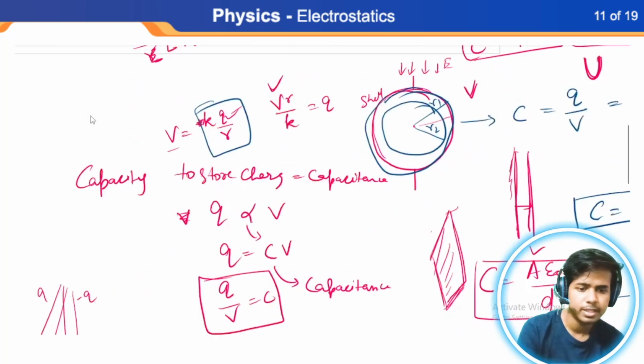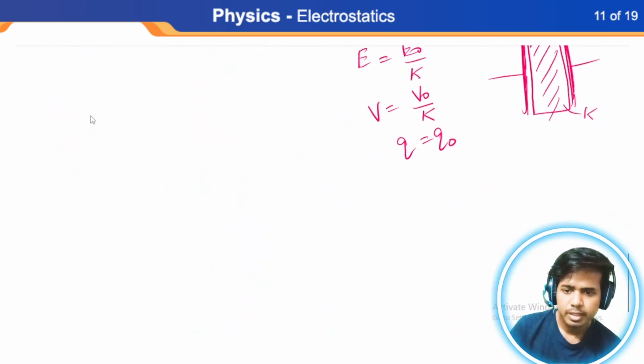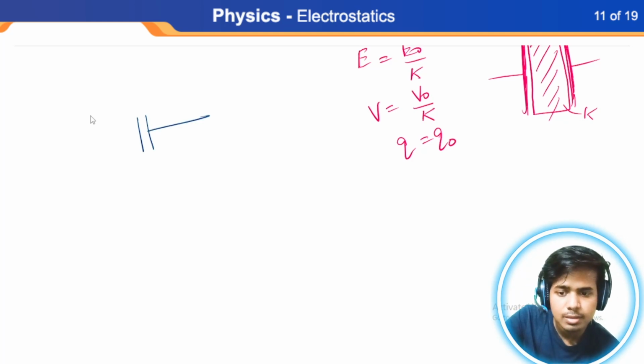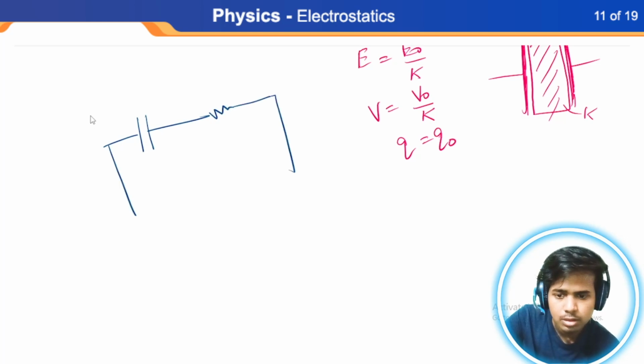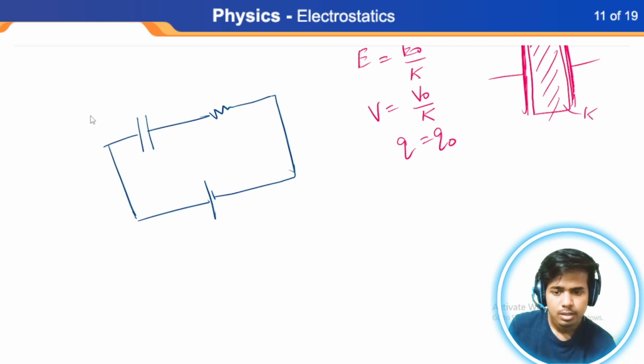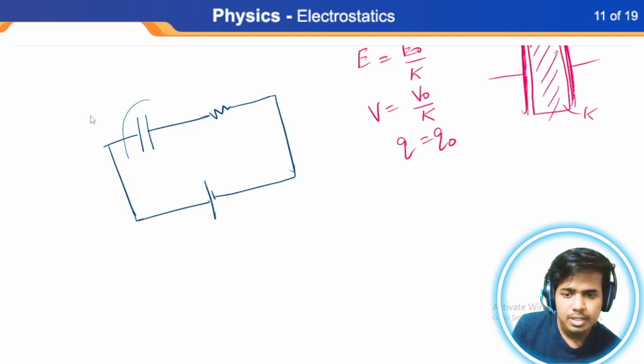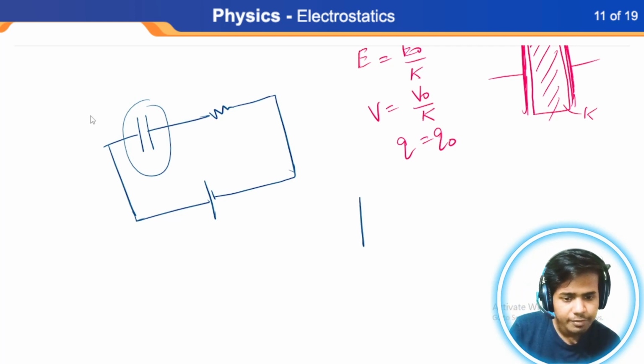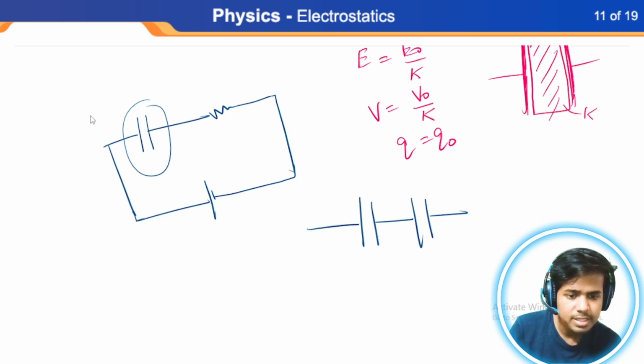This is the only part in which capacitors are generally represented by this sign and introduced in circuits as well. Let's say this is the circuit, something like this. In this case, this is a single capacitor, so everything is simple. But let's say I have two capacitors which are joined in series.